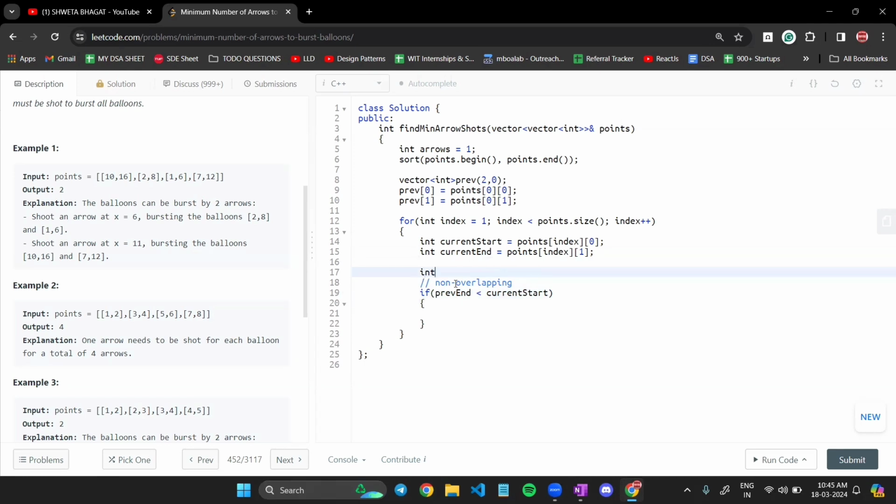So we will have previous start as previous[0] and previous end as previous[1], correct? So if this previous end is less than current start, it means that the previous interval and the current interval are non-overlapping.